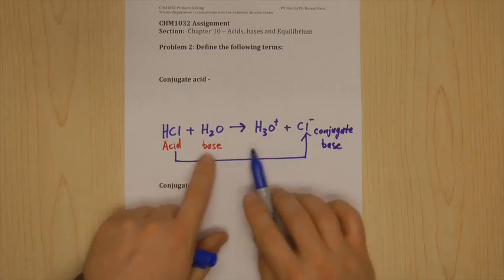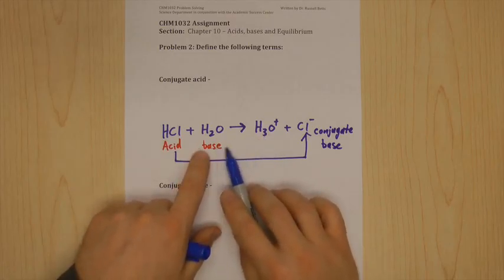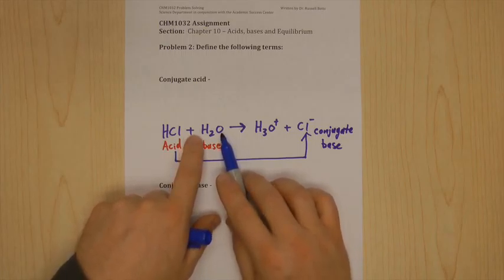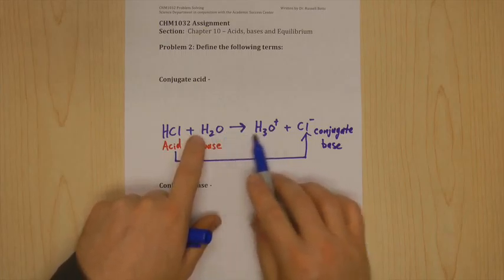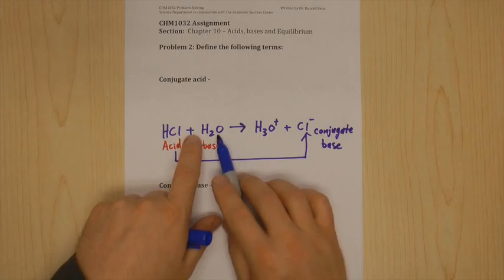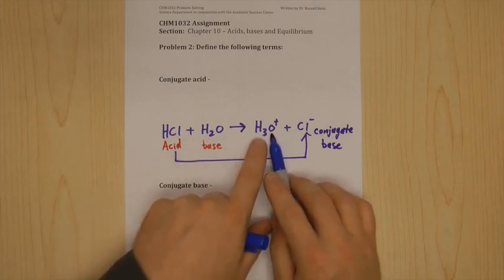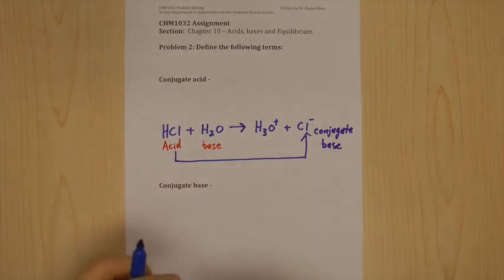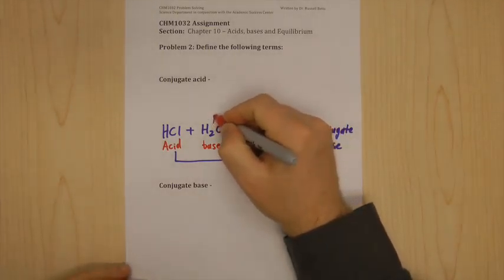How do I know that? Because it's connected to the base. It's paired with the water. The oxygen's here and the oxygen's here. So these are a pair. This has accepted a proton. So now over here, it's a conjugate acid. So let's draw this.